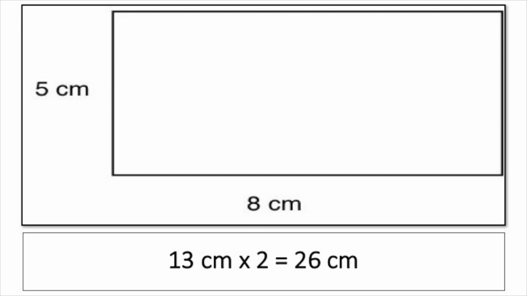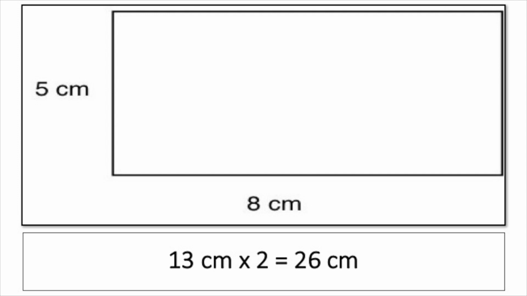Let's do it together. 5 centimeters plus 8 centimeters equals 13. Okay, so if this is 5 centimeters, this side here, we know the opposite side is also 5 centimeters. So 13 plus 5, 18, okay? And now we know this side here is 8 centimeters, so the opposite side is also 8 centimeters.